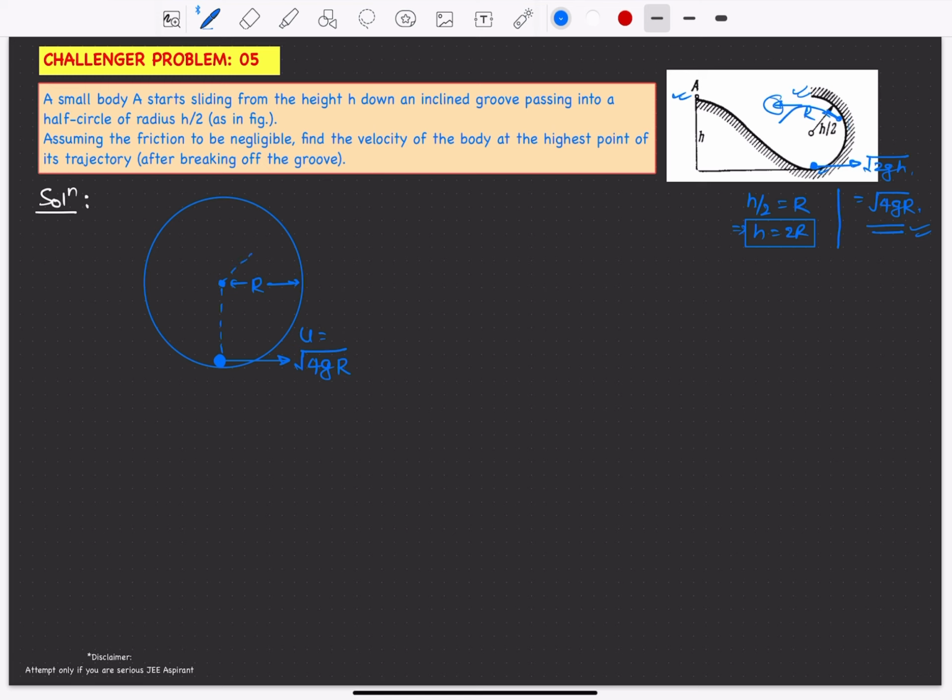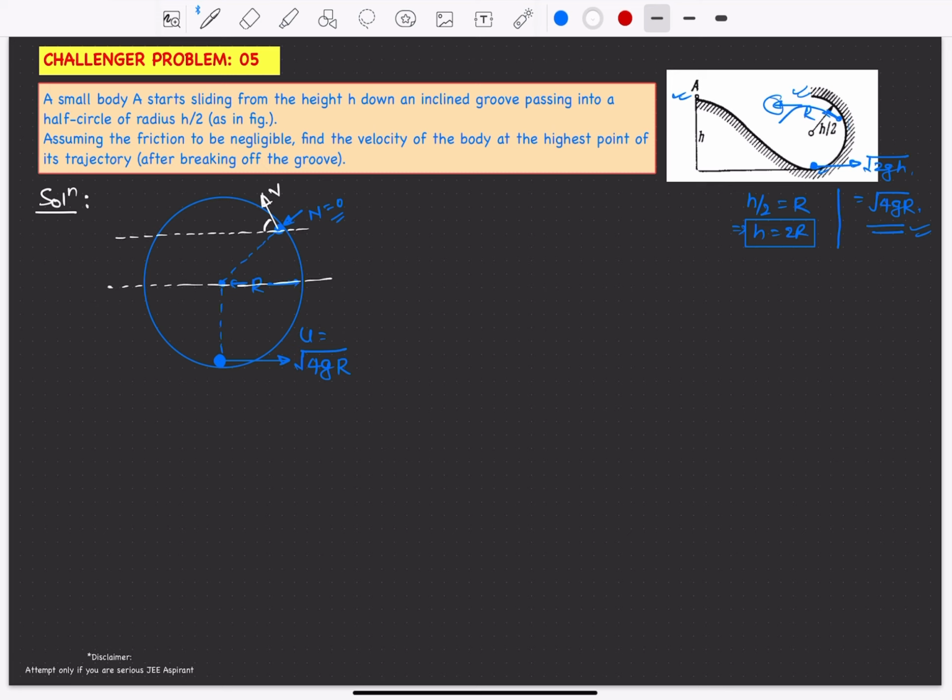Let's assume that at some point here, the normal force becomes zero. The normal force from the surface, from the track, becomes zero. When this normal force becomes zero, the particle will leave the trajectory, and the motion after that will be projectile motion, right? Let's assume the velocity here is v. Draw a horizontal line here.